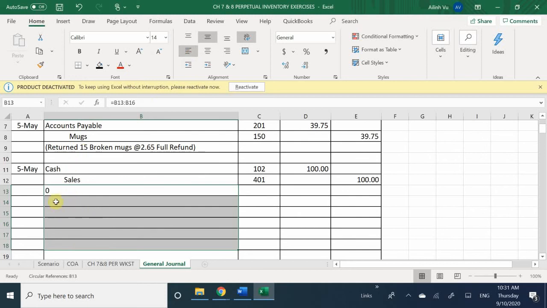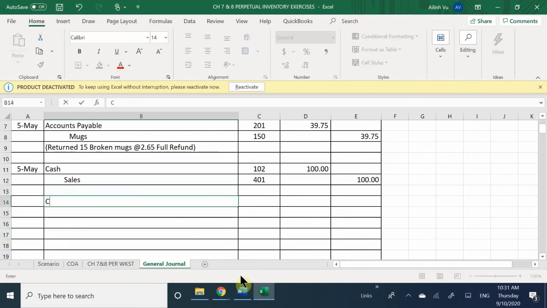Okay. So I need to indicate here cost of goods sold, which we know was 501.